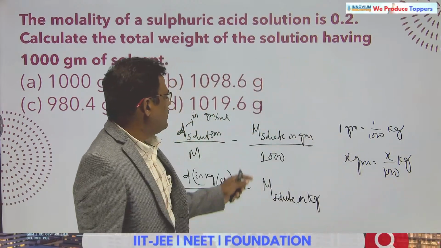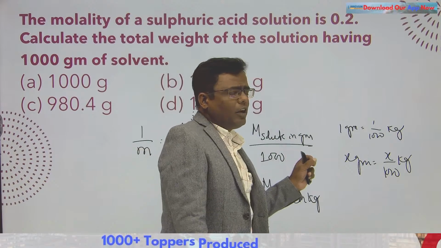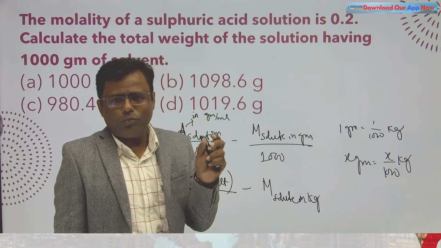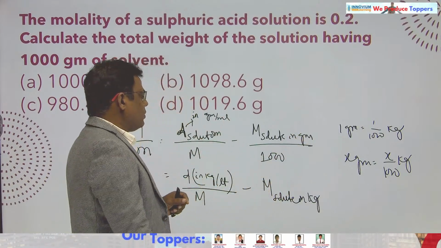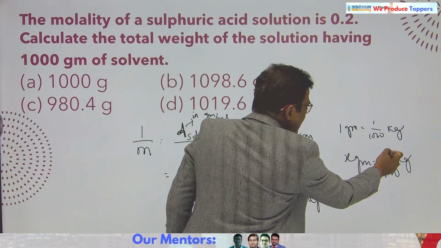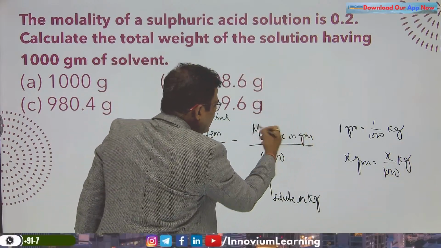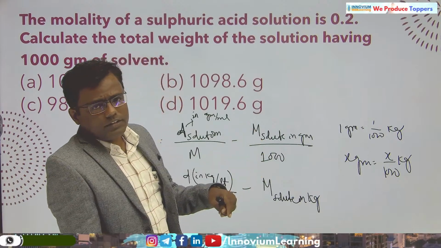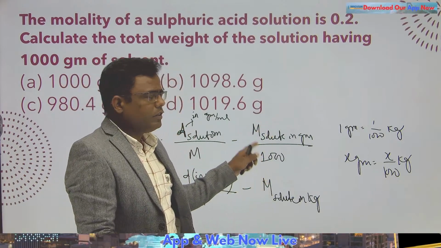So the molar mass in gram is equivalent to that molar mass in gram by 1000, that much kg.